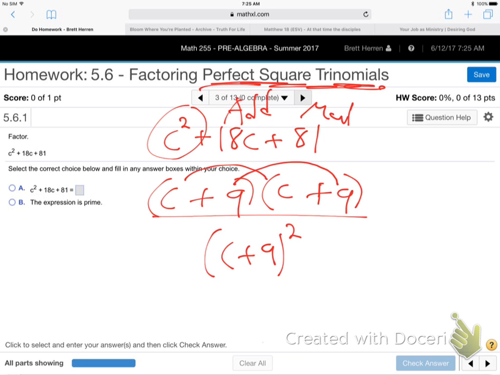So every one of these is going to become something squared. What they do is have you practice and recognize that. You can see it right away and go, oh yeah, 81 is going to be 9, and that makes 18 in the middle. So that's perfect. That's all they're doing. Is that good? Easy enough?